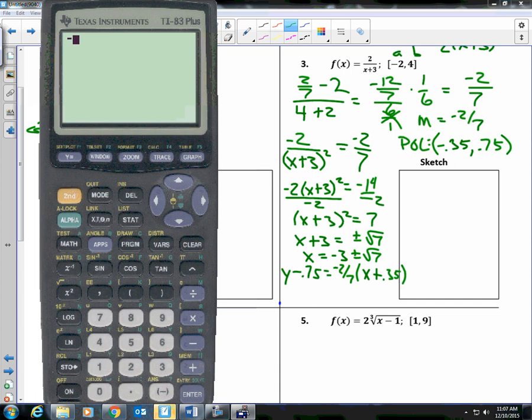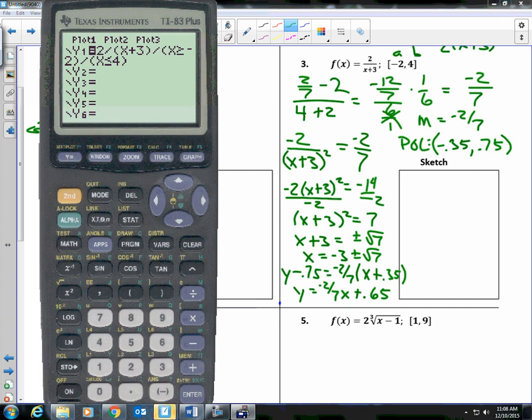So -2 divided by 7, I'm going to multiply that by 0.35. And then it looks like I'm going to add 0.75. So I get 0.65. So y equals -2/7x plus 0.65.